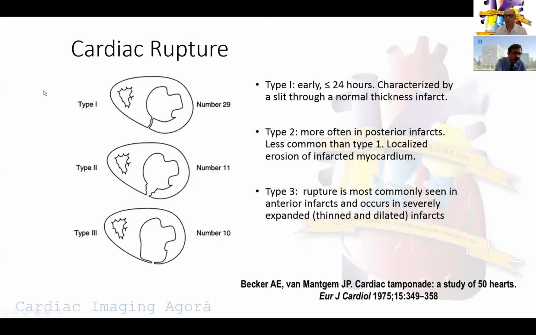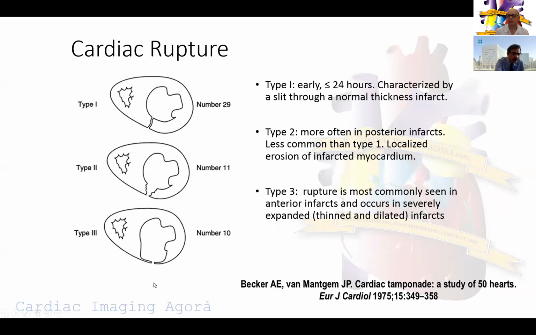Like in the first case, type 1 rupture is an early slit-like rupture, usually between a hyperdynamic zone and a small hypokinetic zone, which causes a shear and a tear of the myocardium or the ventricular septum. And we call that a type 1 rupture, and that usually presents very early on, in the first 20–24 hours of a myocardial infarction. Sometimes we see it even on presentation.